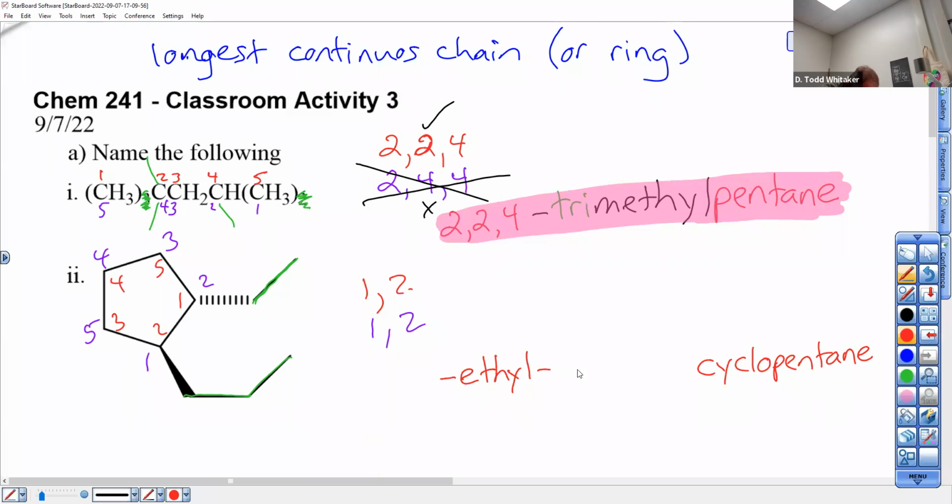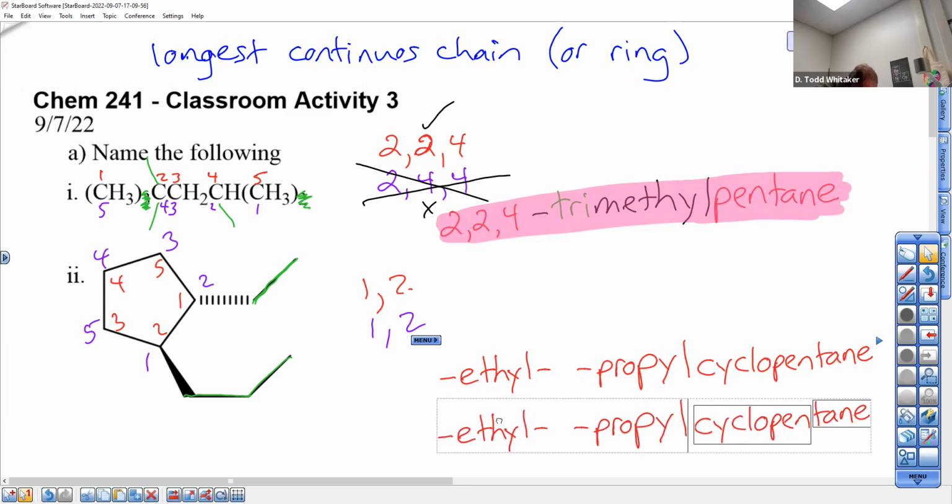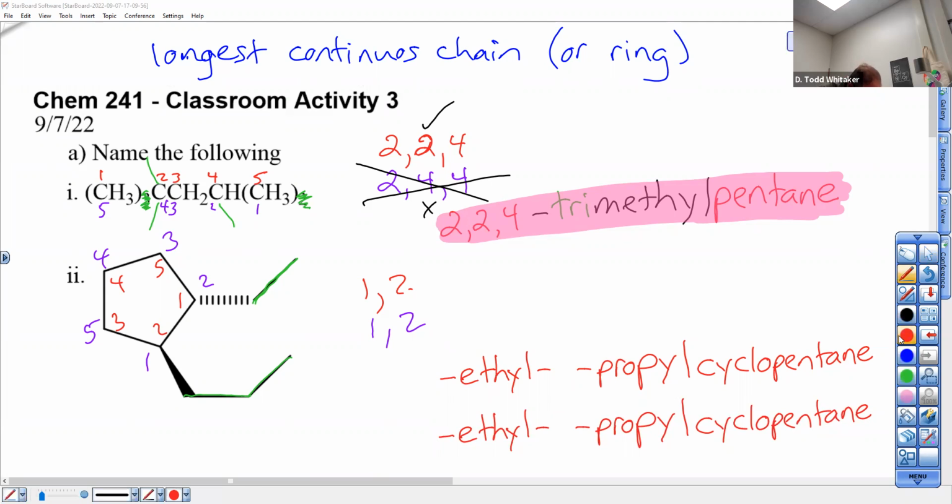And you tell me propyl with a number in front of it. And Dr. Whitaker said this is the IUPAC rule that's gone too far. So he's going to accept either answer. The red system goes 1 ethyl, 2 propyl. The purple goes 2 ethyl, 1 propyl.